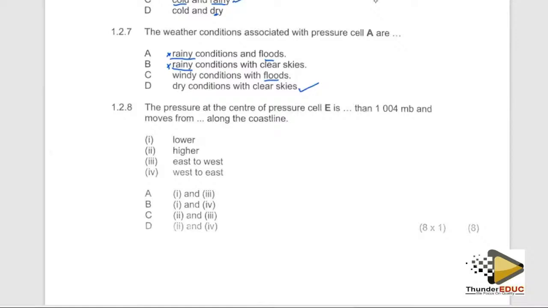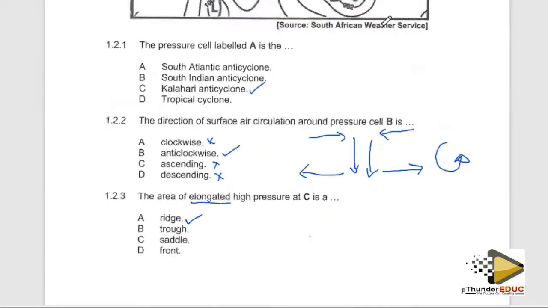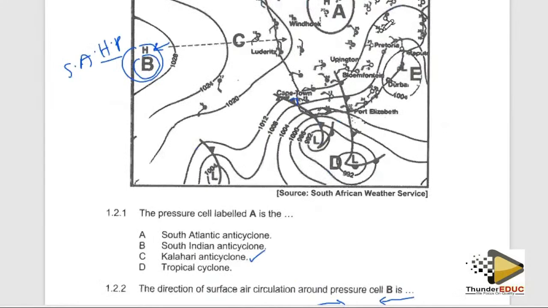Right. Number 8, the pressure at the center of pressure cell E. Let us first check pressure cell E. You can see this is our pressure cell E, which is a coastal low, as we know well, because there is an L here, which means this is a low pressure cell situated along the coast, which makes this a coastal low, right?